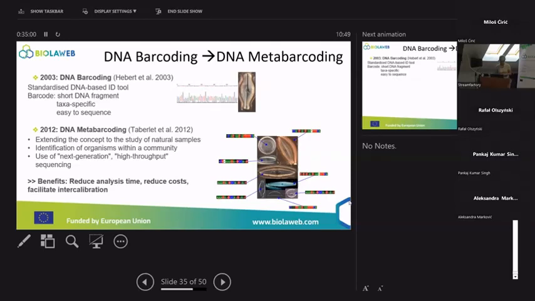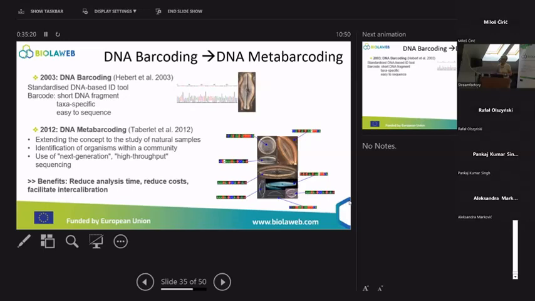The benefit here is really to reduce analysis time and to reduce cost, because it's a high throughput method. Reducing cost may also mean keeping the same costs but analyzing more samples.